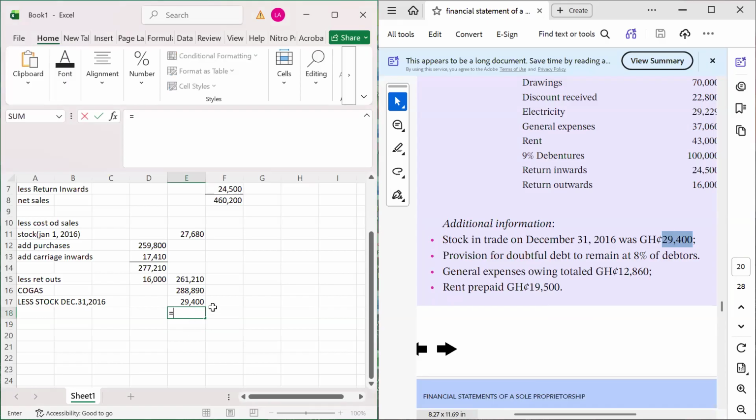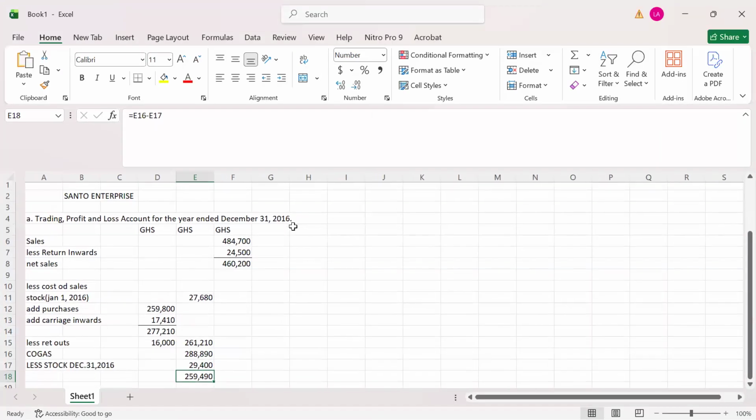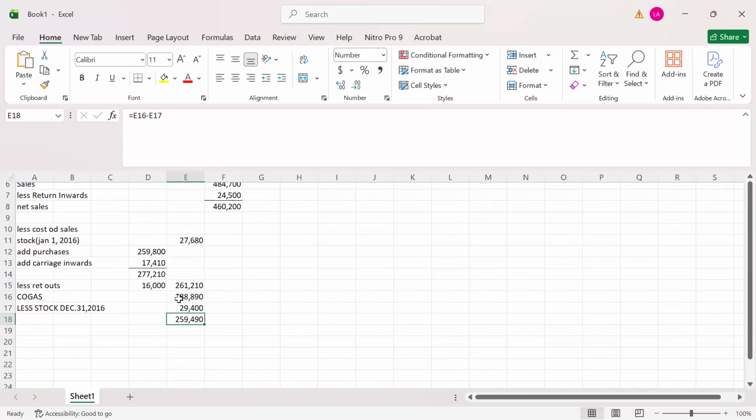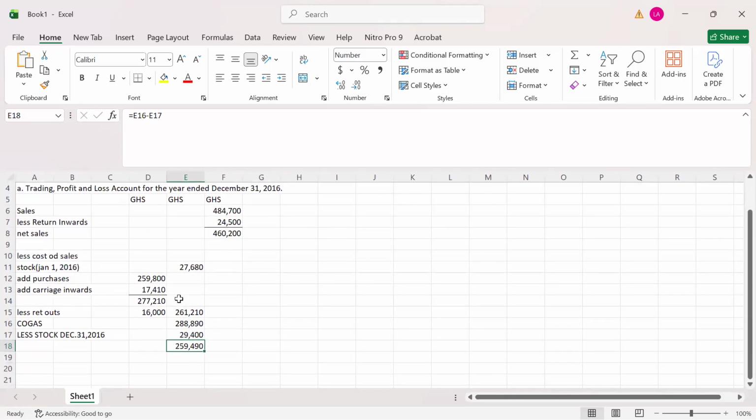Sir, please, I can see that the Ghana CD is in 3 columns. With these 3 columns, how can we know that this one is the credit and this one is the debit? When you are preparing this, you don't have anything here called credit or debit. This is a financial statement, so there is nothing like credit or debit.